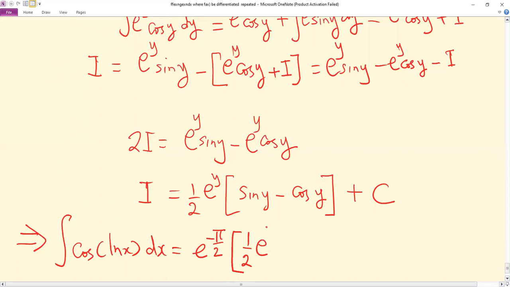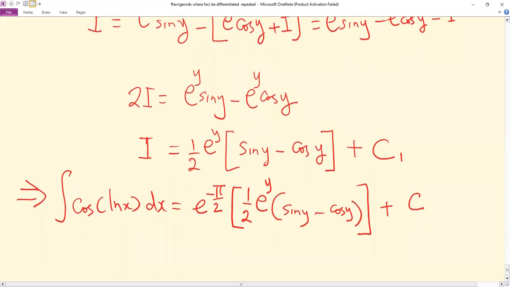y, and then you multiply by sine y minus cos y, and then plus, let me call this one c1. So this e raised power minus pi over 2 times c1 just gives us another constant c.